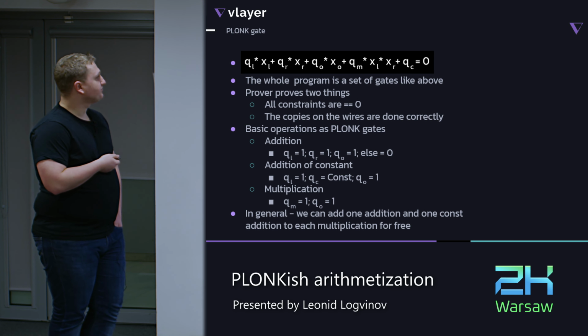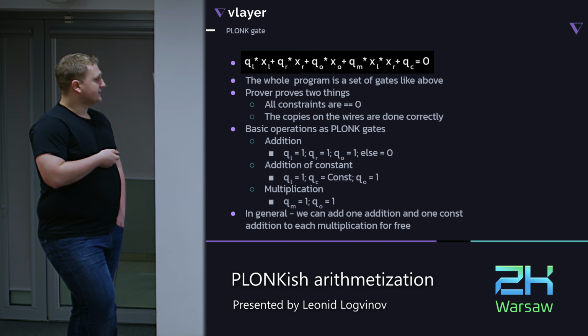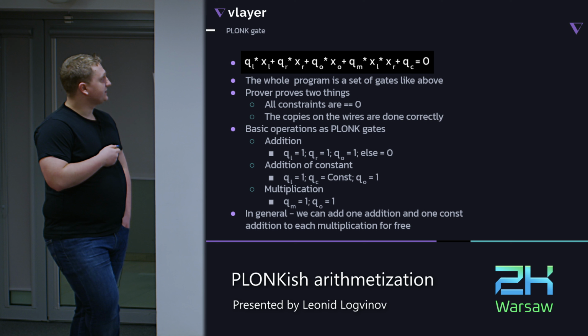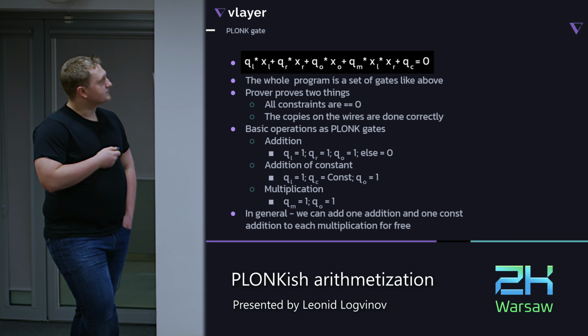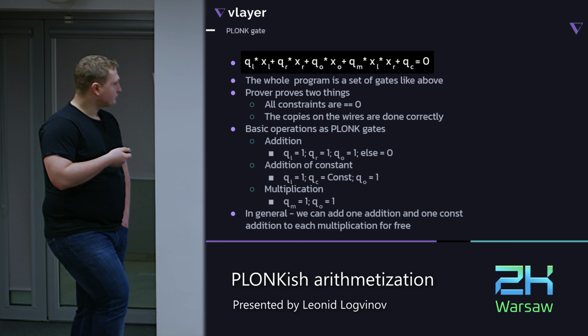This is a mistake. If you want to do an addition of a constant, then you say QL is 1, so you take XL once, and QC is this constant, and QO is minus 1. So this equals QO. And if you want to do multiplication, you just set 1 to QM, and this should be -1 to QO.